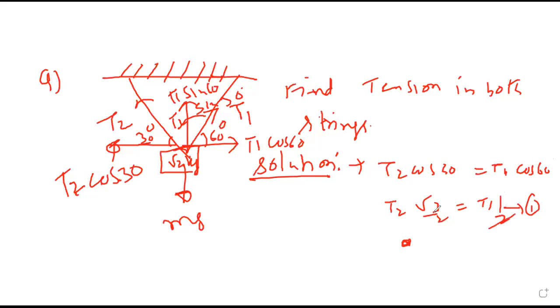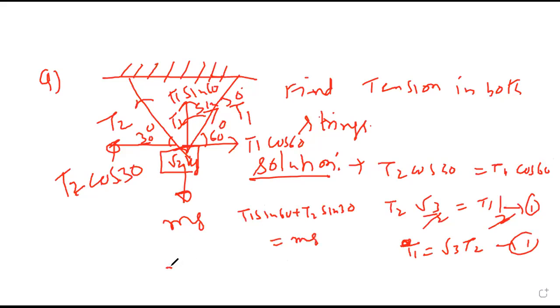Cos 60 is half. So we get T1 is root 3 times T2, equation 1. Then for upward force, T1 sine 60 plus T2 sine 30 equals to mg. So T1 into root 3 by 2 plus T2 into half equals to root 2 into 10. Okay?